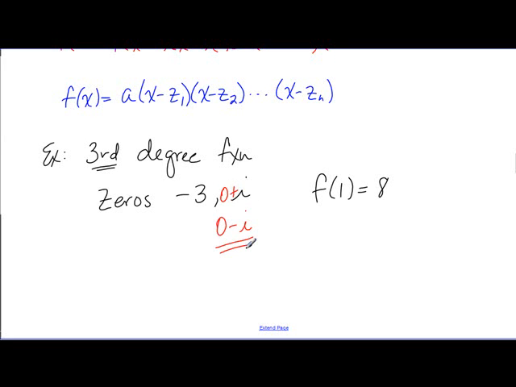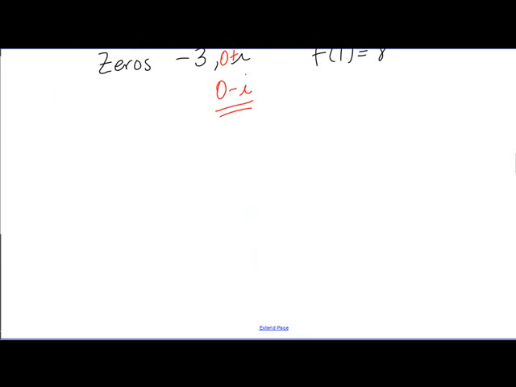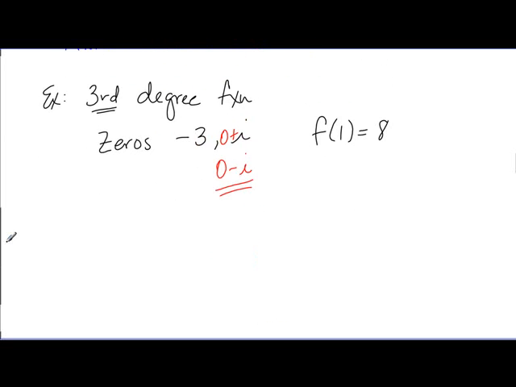So if we know that, then the function we can write can be f of x is equal to some coefficient a, we'll figure that out in a minute, times x minus negative 3 times x minus i times x minus negative i. 3 factors, each connected to a zero.